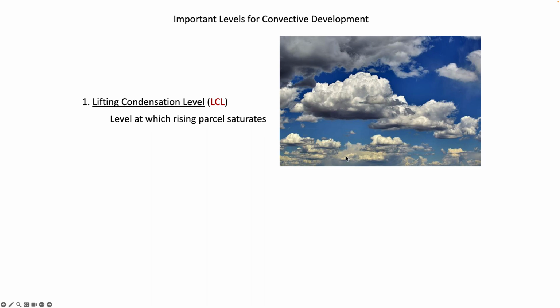And so what's going on here is that we have parcels rising from the surface, surface-based parcels rising as a consequence of convection, and they're cooling at the dry adiabatic lapse rate. Then at the lifting condensation level, the air in the parcels becomes saturated, and any additional lift will cause condensation and cloud development.